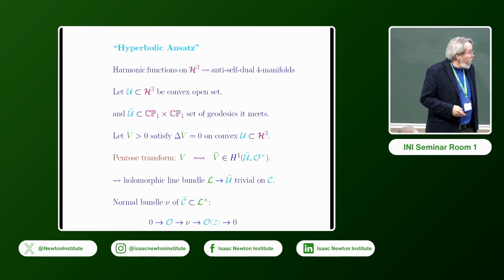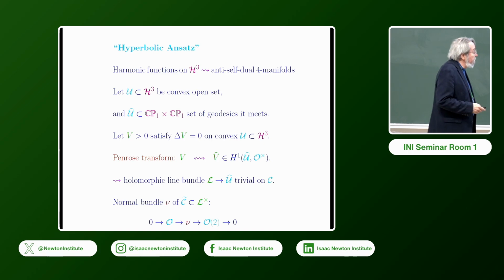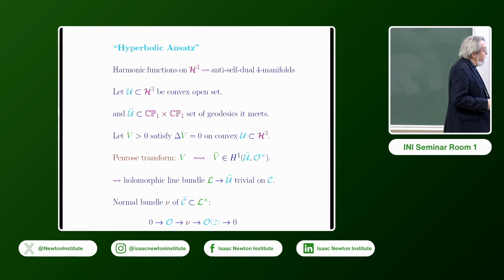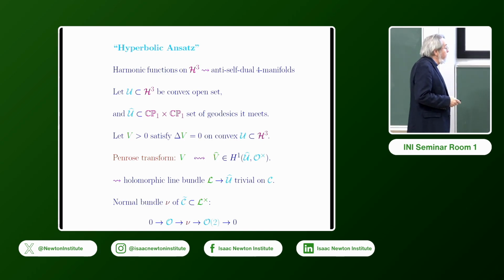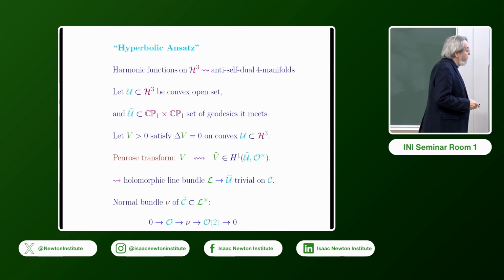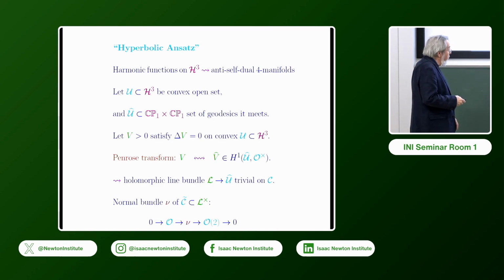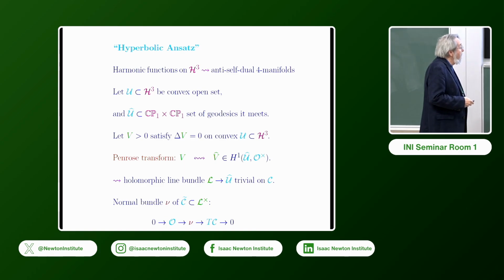And just for Chern class reasons, the normal bundle of the original mini twistor line in CP1 times CP1 is actually the O of 2 line bundle, with Chern class 2. All right, so we have an extension of O2 by O1.